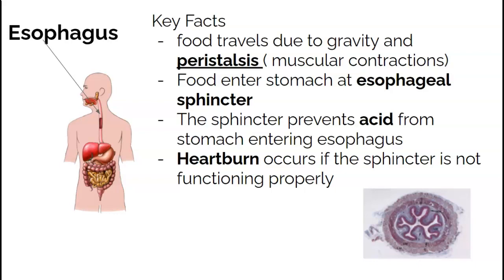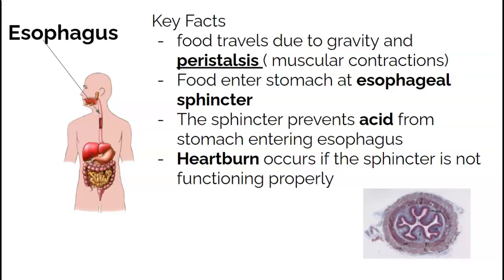Now, this sphincter that I was just talking about prevents any acid from coming back from your stomach into your esophagus. So the contraction of the esophageal sphincter, so keeping it nice and closed, means that acid from your stomach can't splash up into your esophagus. Now, if it does happen, okay, where it is reaching from your stomach into your esophagus, we call this heartburn.